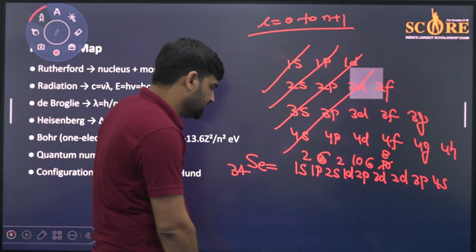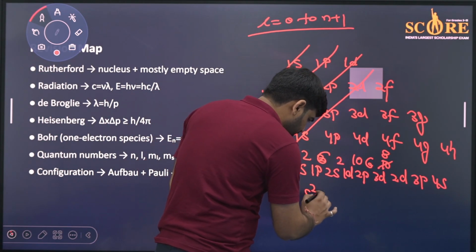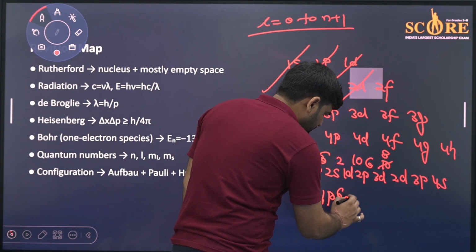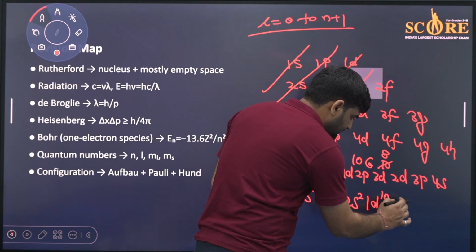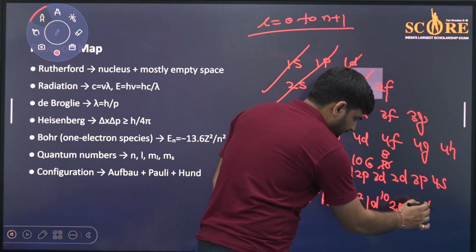So your configuration will be 1s2, 1p6, 2s2, 1d10, 2p6, 3d8.